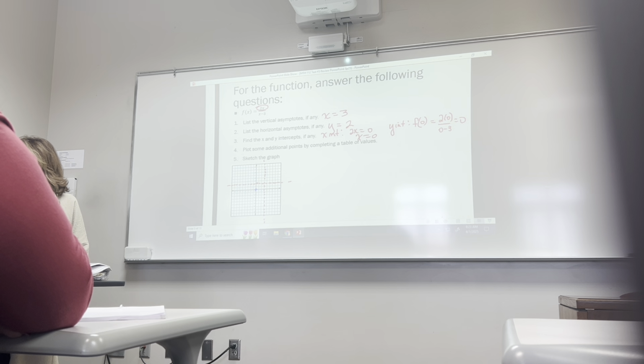So plot some additional points. I'm just going to do a little table and get a few more points. And the goal is to not have to do too many, because you know the basic shapes, right? We already have x equals 0 giving a y of 0. So let's get a couple below and a couple above.